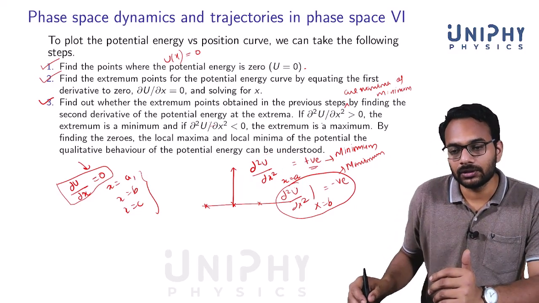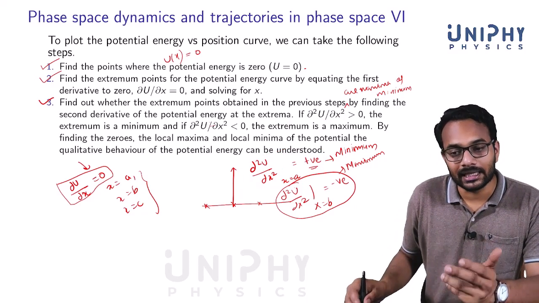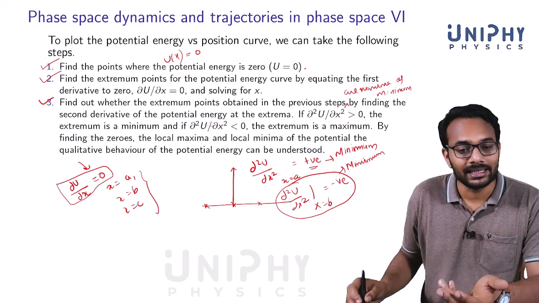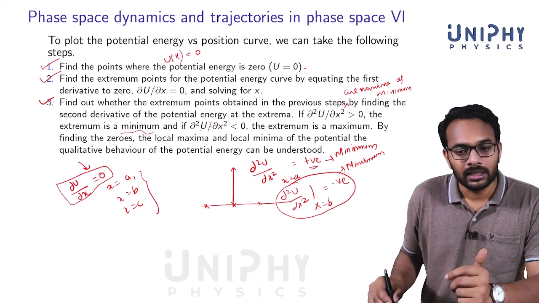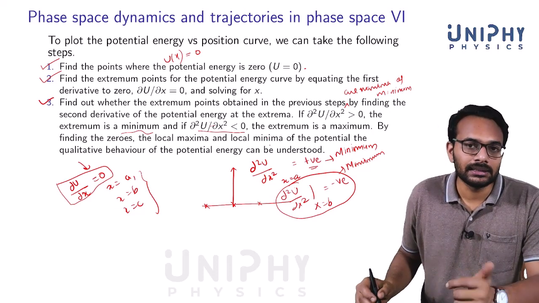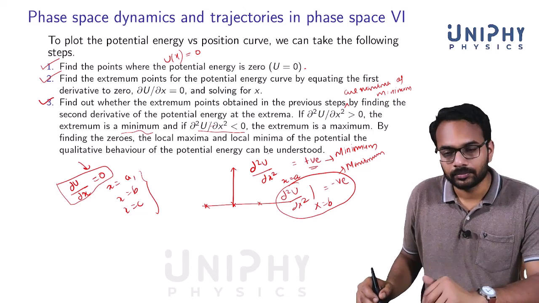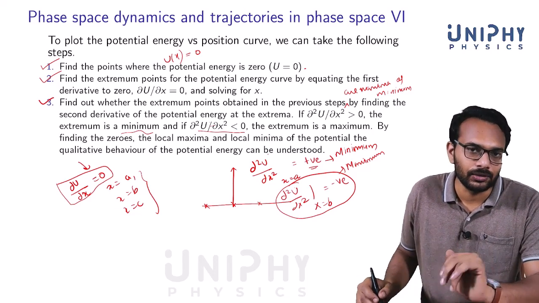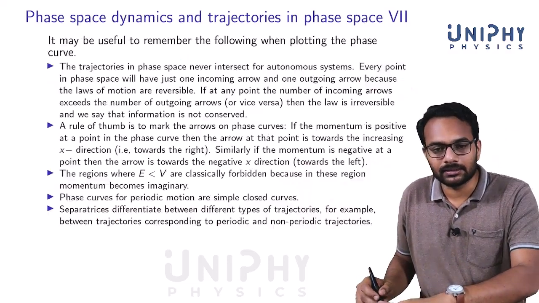If ∂²U/∂x² at these particular points is greater than 0, then the extremum is a minimum, and if it's less than 0, the extremum is a maximum. I hope this is clear. We'll look into some examples so you know what I mean by these things.